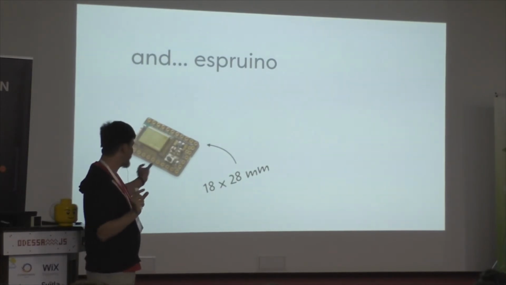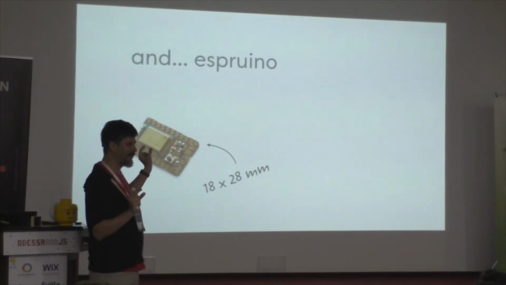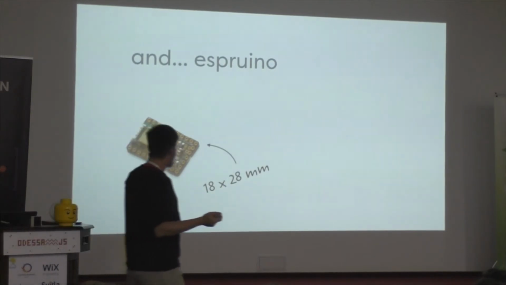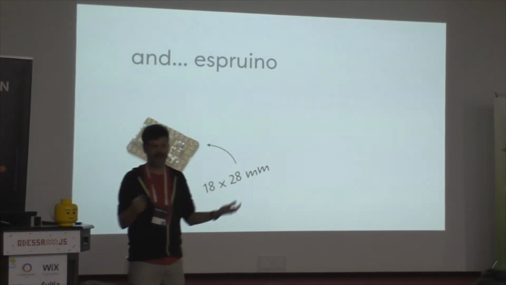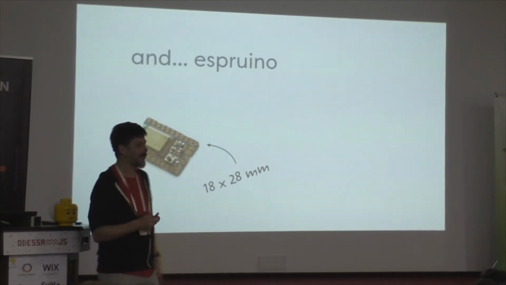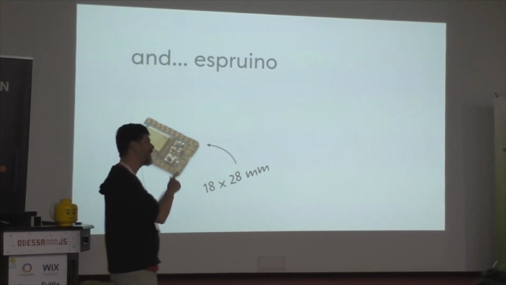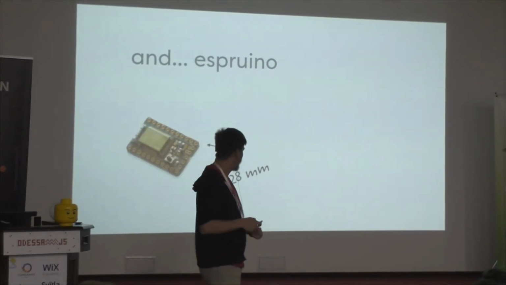So this is 18 by 28 millimeters, a small little chip. It has Bluetooth support, and it runs JavaScript. You can use this to create a Bluetooth device in JavaScript, or you can use it to control a Bluetooth device in JavaScript. And I'm going to show you a little bit about this in a moment.